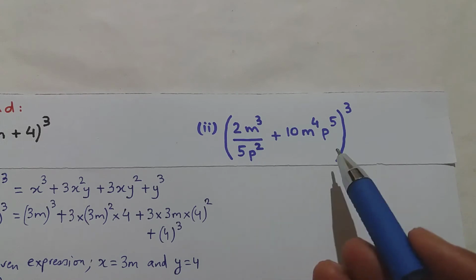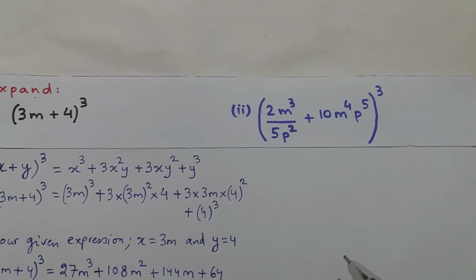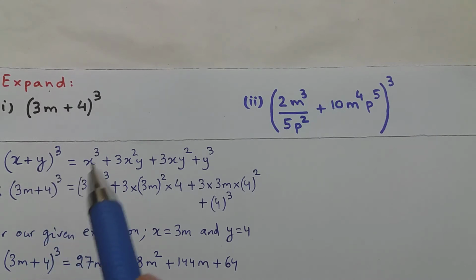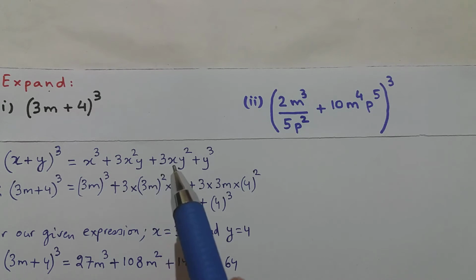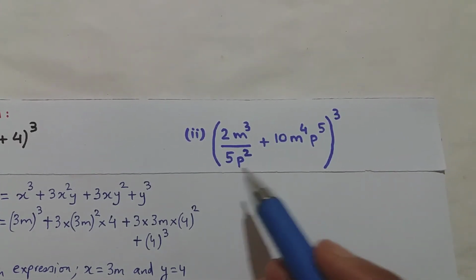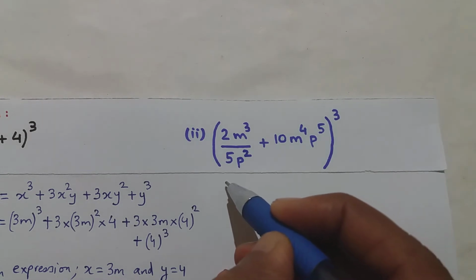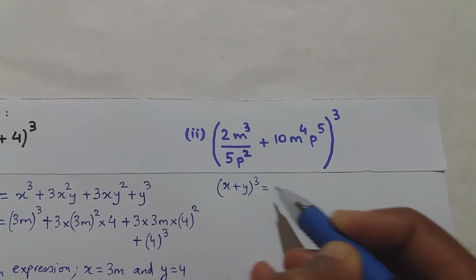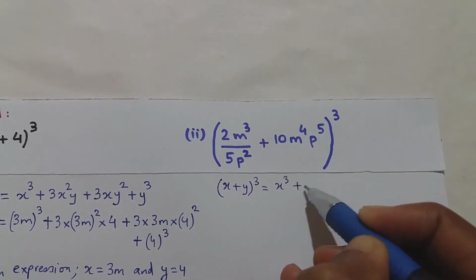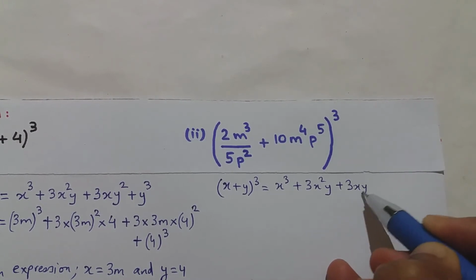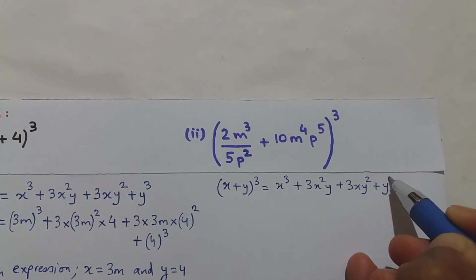So in order to expand this given expression, I will again use the algebraic identity (x plus y) whole cube is equal to x cube plus 3x square y plus 3xy square plus y cube.